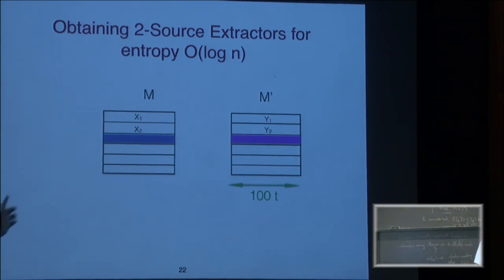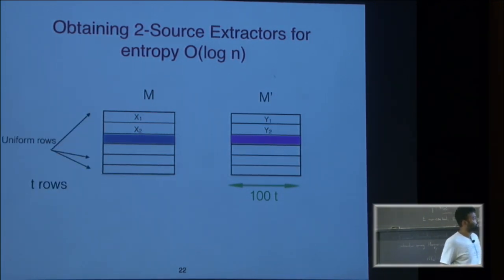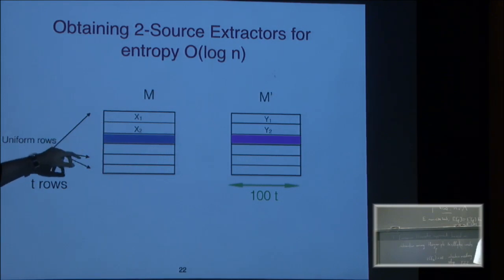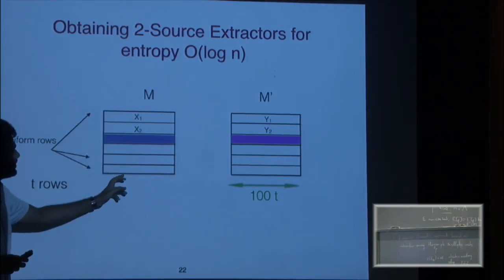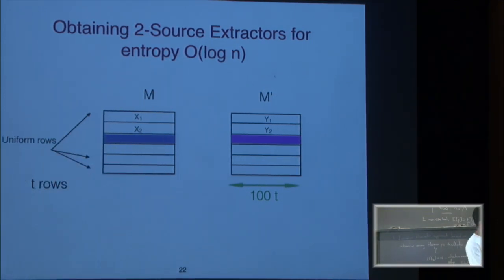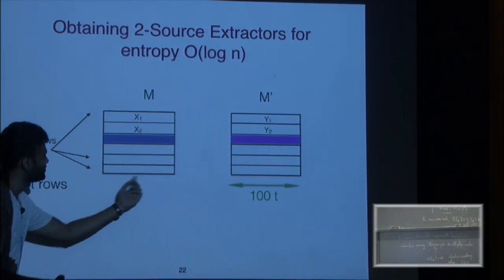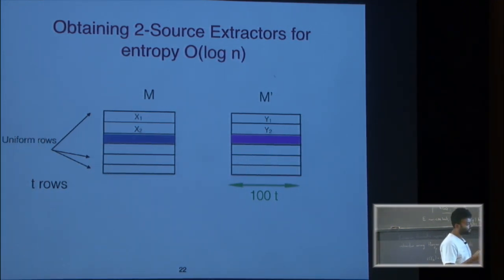Well, you have two matrices, M and M prime, and think of each row as a random variable, x1 through xt, y1 through yt, and they're fat matrices, so each row is of length 100t.